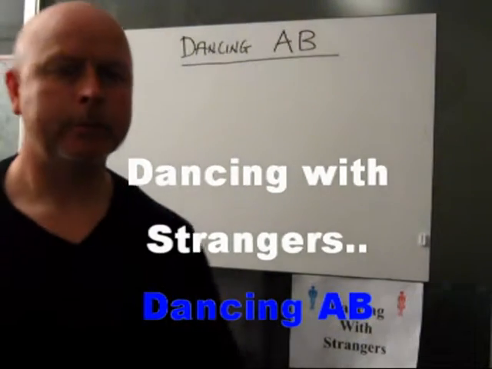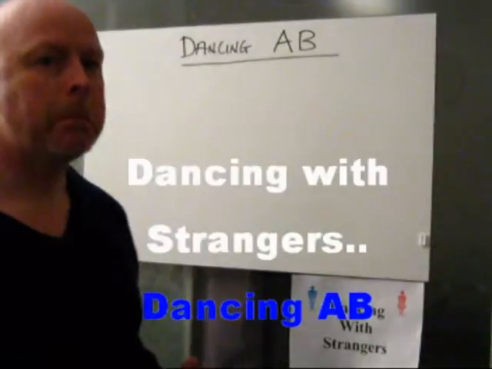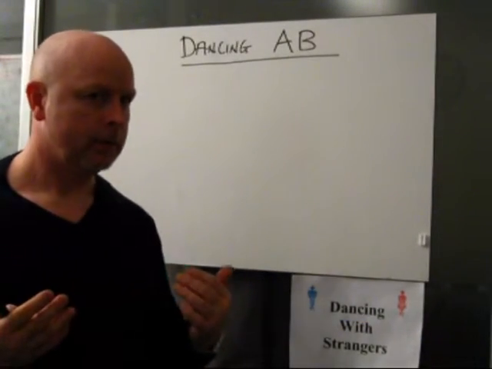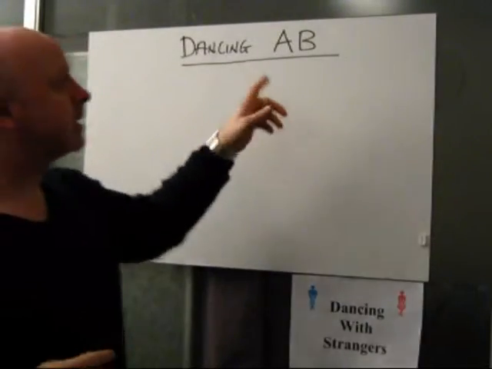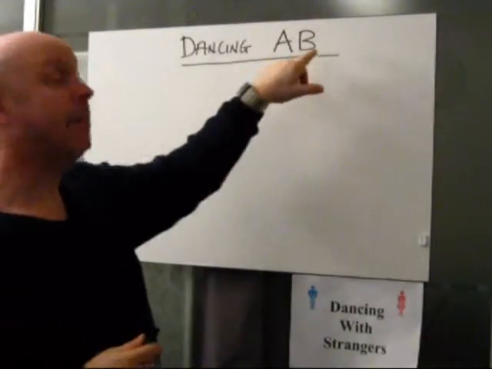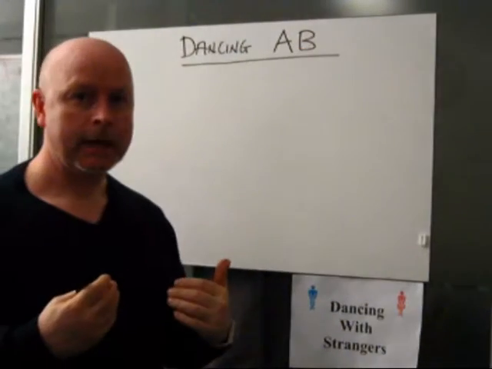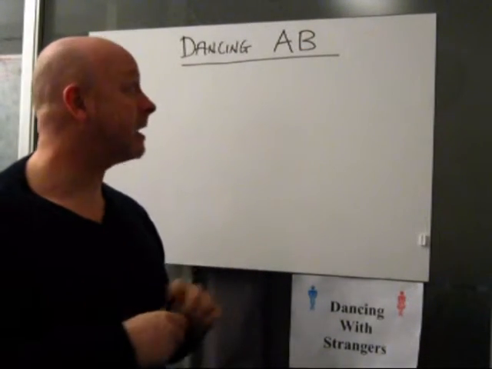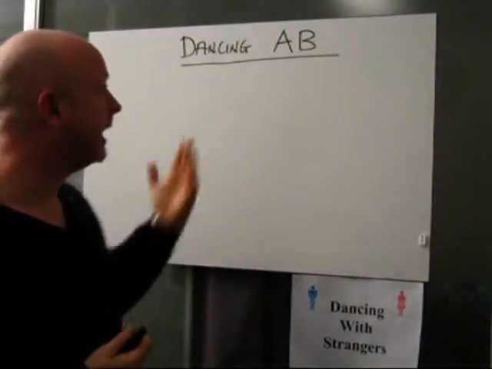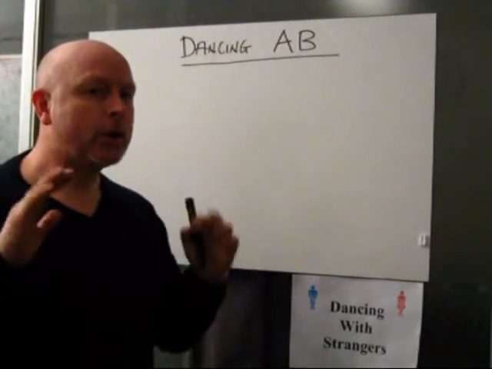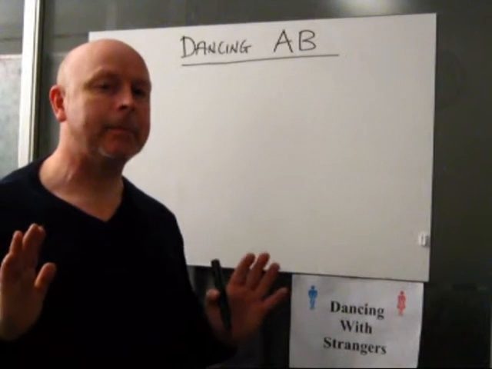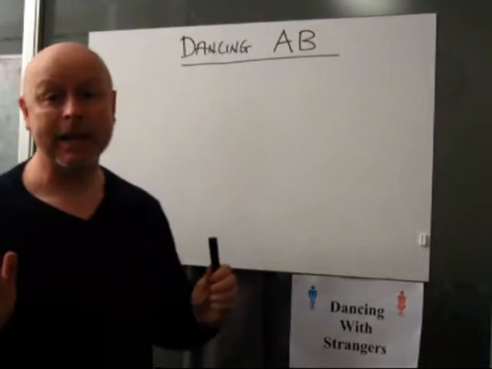So, what does each form of dancing mean? What does it mean whenever somebody dances A, B? That's the first and the last, who makes the first and the last moves in that step when they dance together. Let's go back to the very first example that I used, which was asking the time.